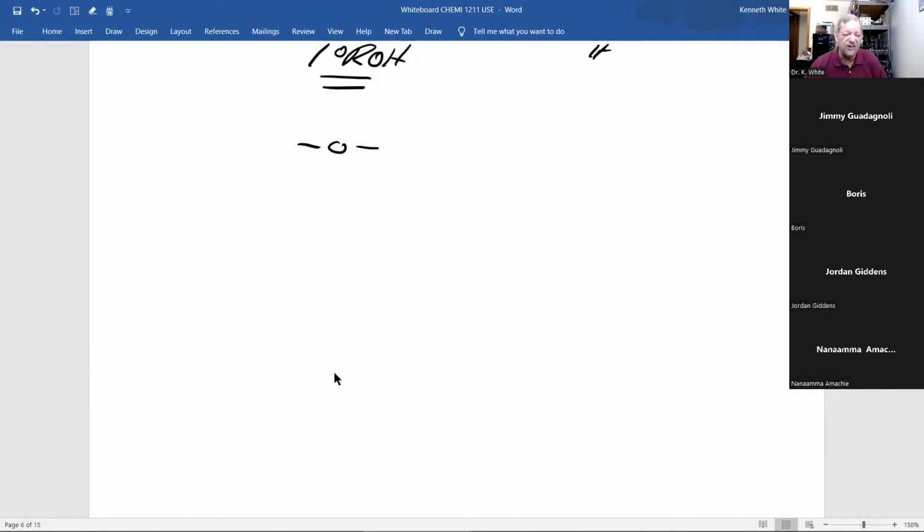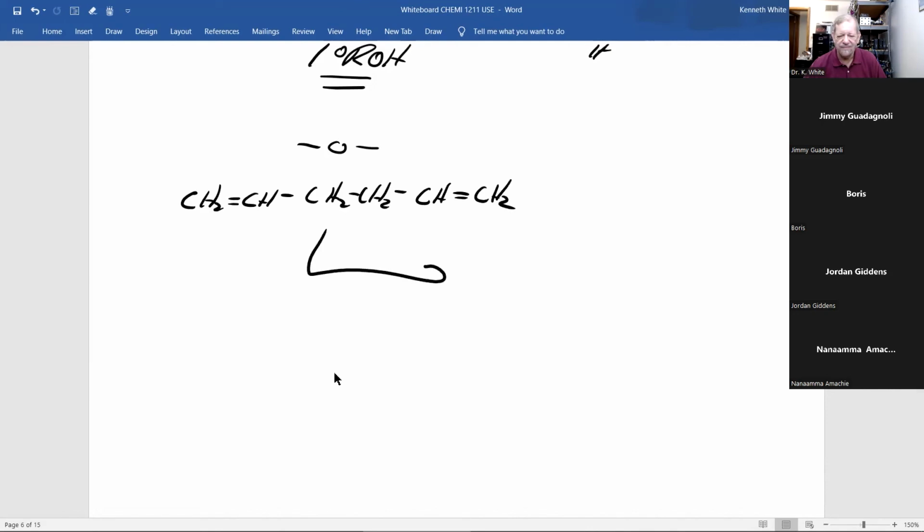And that is, let's look at the following reactions. I went through this yesterday, but I should do another example. If we look at this reaction, the question is, what's the product or products for the following reaction?